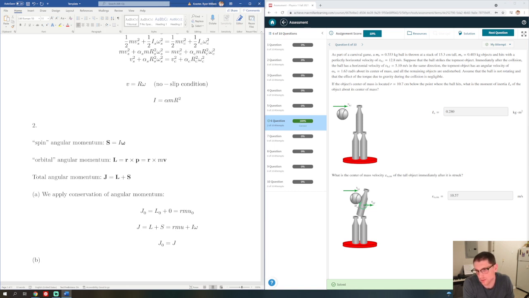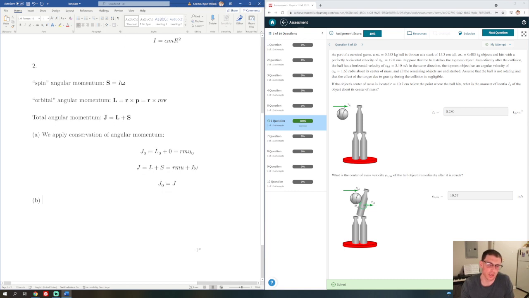We have two velocities, the initial and final for the ball, and then we know it collides with the bottle, so we just have to apply conservation of linear momentum. So let's do that, see what it looks like.